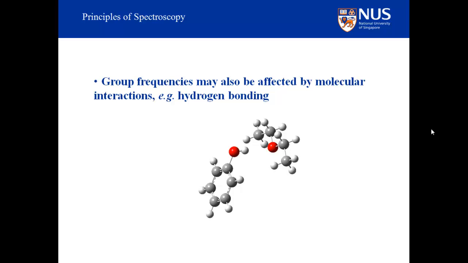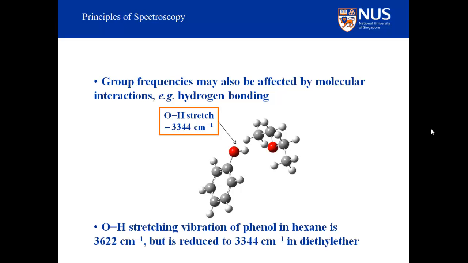But because of this intermolecular interaction, that is the hydrogen bonding, that's going to weaken the OH bond. That interaction is literally pulling electron density out of the bond and making the bond weaker. So the force constant for the bond is reduced, and now the stretching occurs at 3344 wave numbers. So it has dropped by almost 300 wave numbers because you have reduced the strength of the bond through hydrogen bonding.